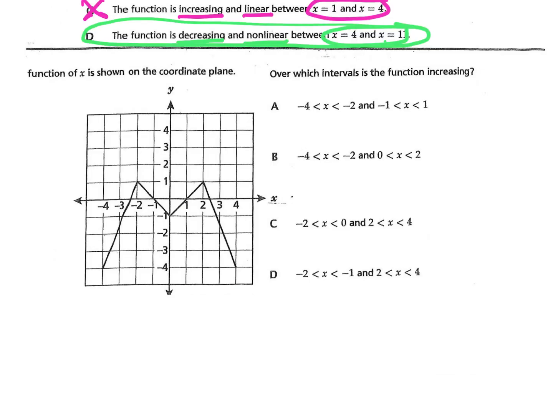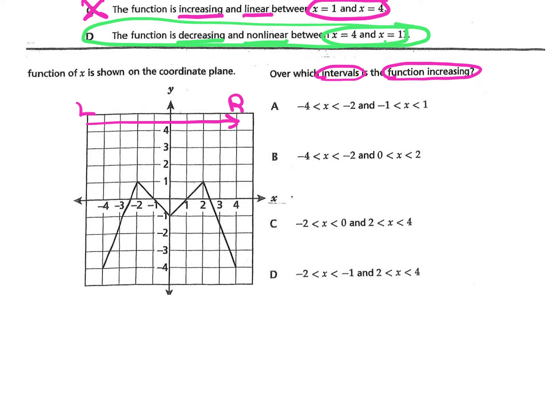For our last problem, we're given a function graphed on the coordinate plane. Over which intervals is the function increasing? Make sure you're cutting the question like I'm cutting the question, and take down the notes I have. Remember, our eyes move left to right like we read.